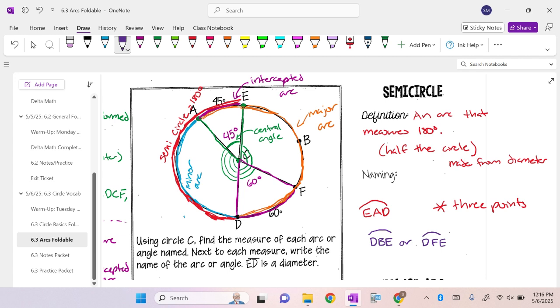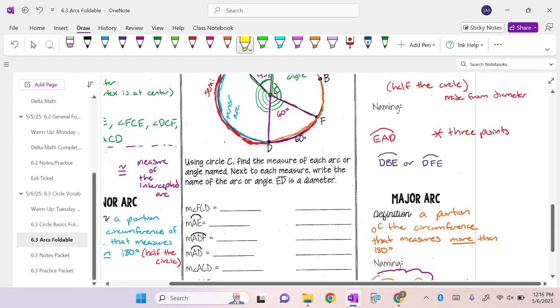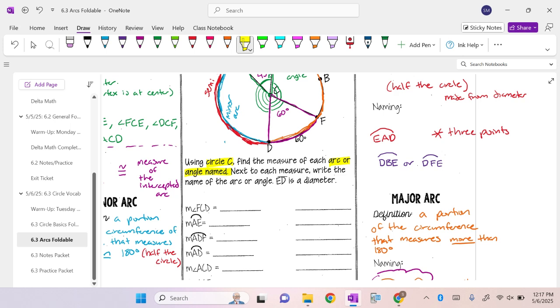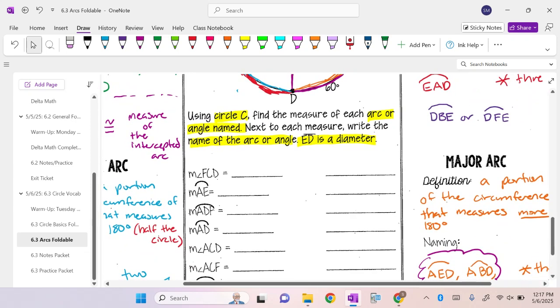Now that we know all of our definitions, we're going to answer some questions. We're using what we know, using circle C to find the measure of each arc or angle named below, and we're going to name the arc or angle based on what we know. Like I said earlier, ED is the diameter, so we already found out the first one.